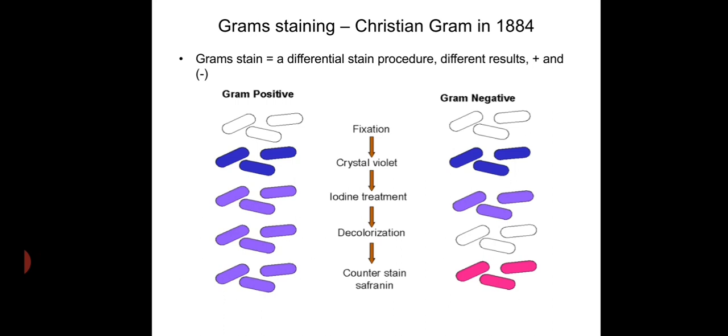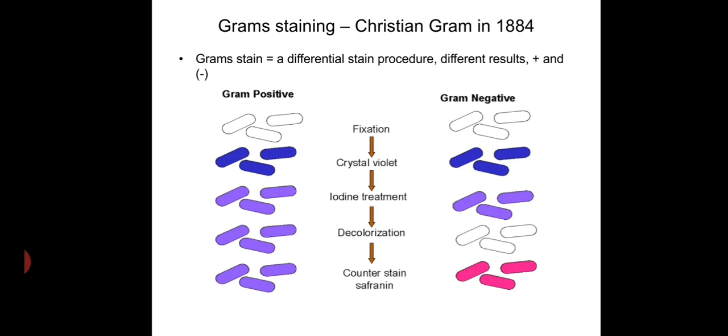Gram positive bacteria have a thick cell wall, approximately 50 to 80 nanometers, consisting of several, that is 40, layers of peptidoglycan, and these peptidoglycan layers and lipid layers are combined to form a cross-linked chain known as lipoteichoic acid.